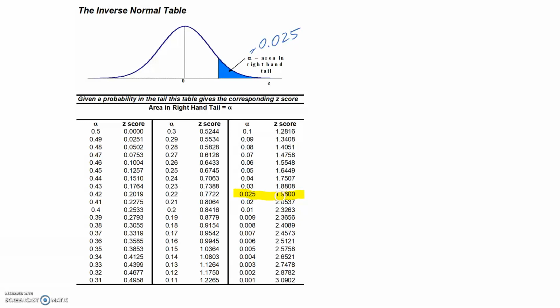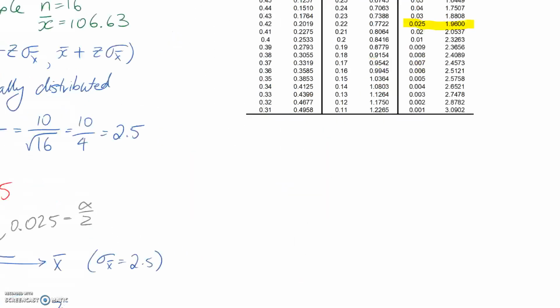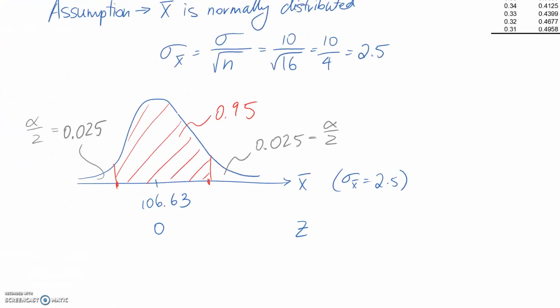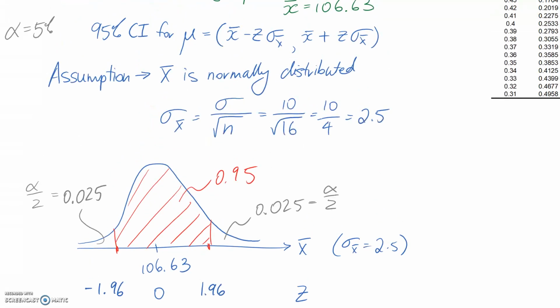So that means that it equates to a z-score of 1.96. So if we go back and mark that on our diagram, that means here on the z scale is the same as 1.96. Okay, and this is going to be the negative version, so negative 1.96. So this is now our z value that just needs to get popped up into our equation.